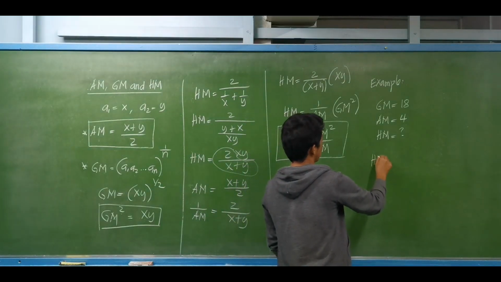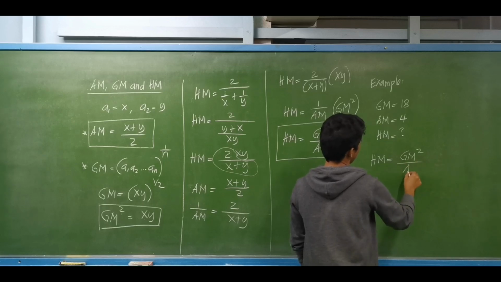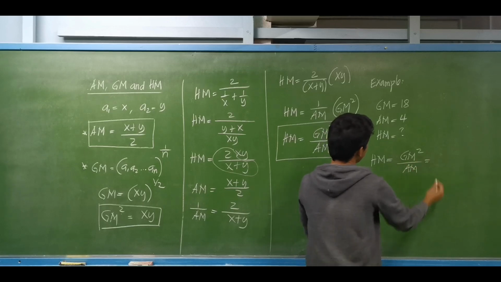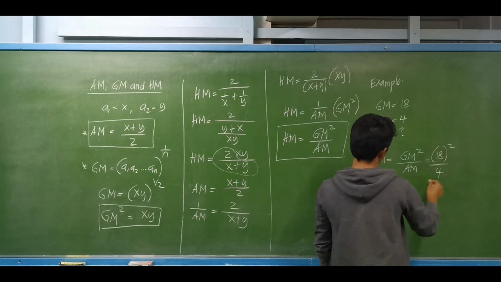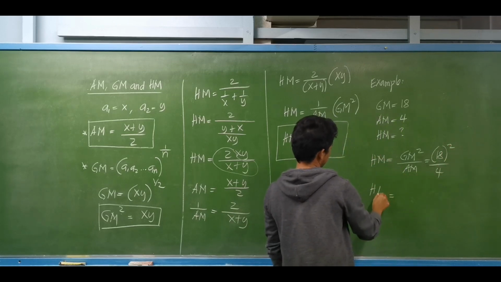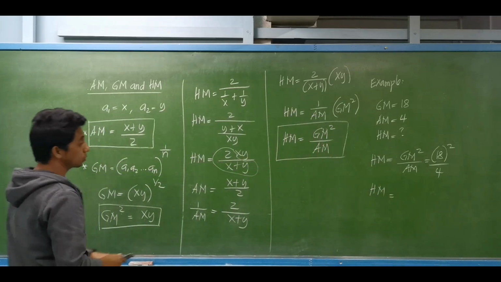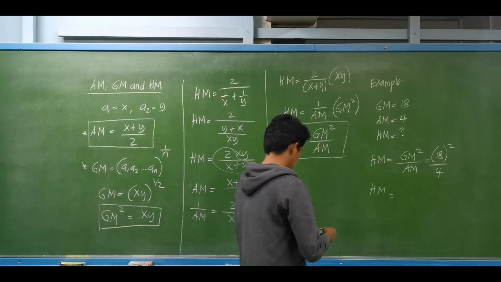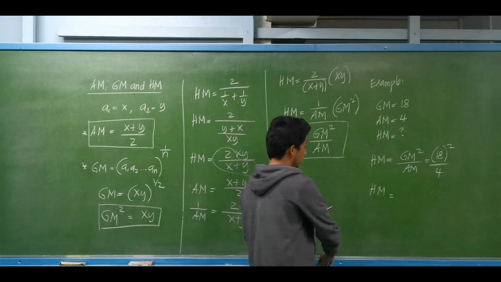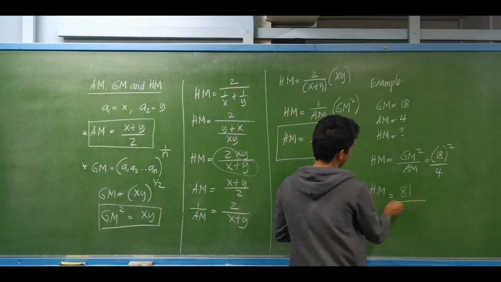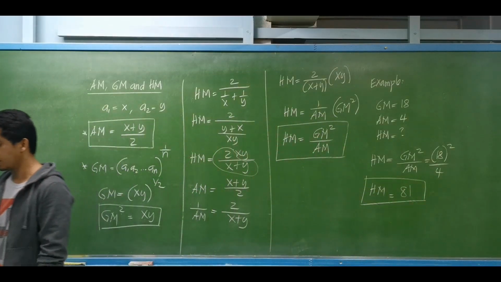We have the harmonic mean equal to the geometric mean squared divided by the arithmetic mean. This is 18 squared divided by 4. 18 squared is 324, divided by 4 is equal to 81. So we have a harmonic mean of 81. And that is it for the harmonic mean.